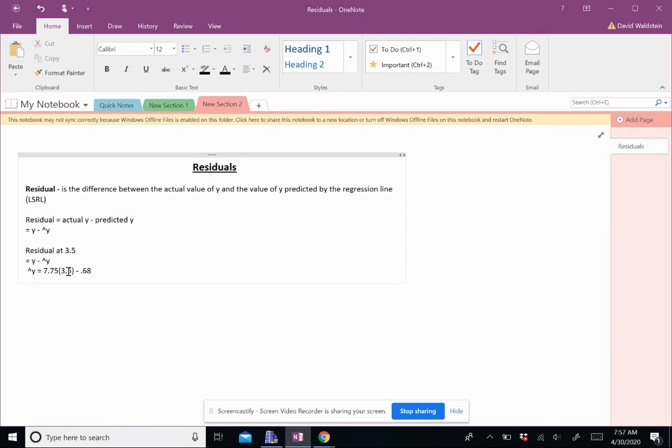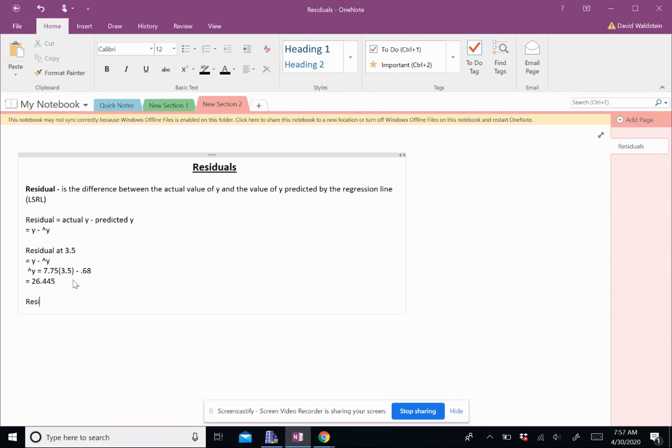When I plug that in, 7.75 times 3.5 is equal to 27.125 minus 0.68. That's going to be 26.445. So that's our y hat.